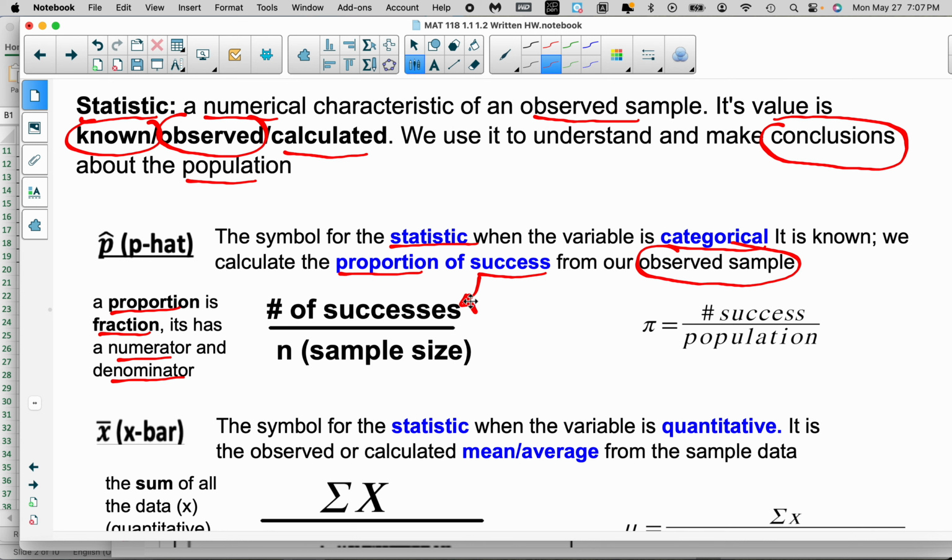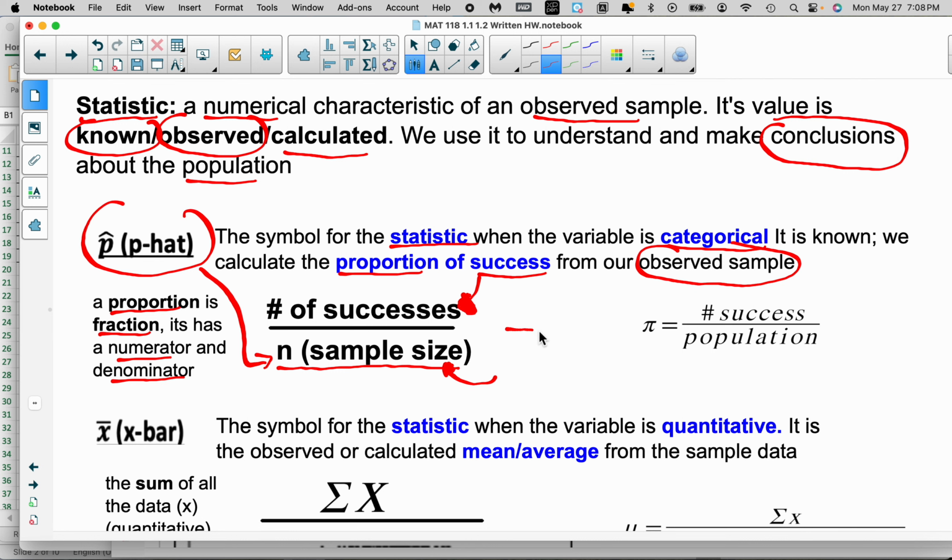So the number of successes, which is a category, yes or no, or some other category, divided by, we always have to say what the denominator is, because it doesn't have any context unless we say what the denominator is. When we take our p hat, the denominator is always our sample size, and the numerator is always the number of things in that category that we define as success.